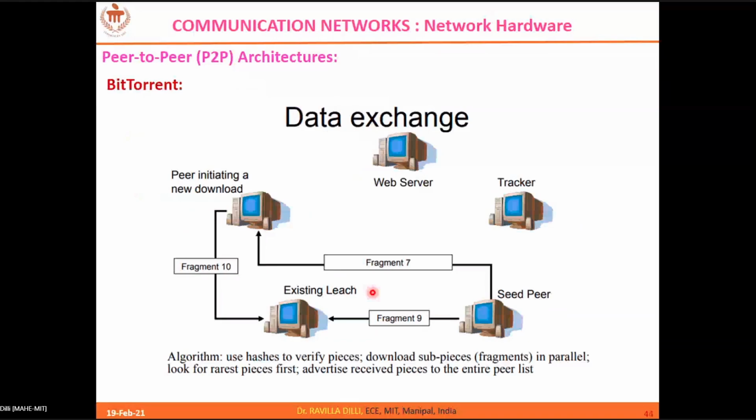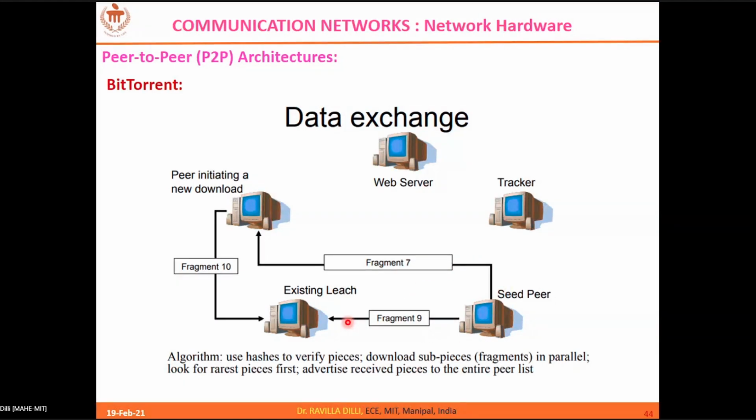So you can see here, I am the one who is trying to download a movie, for example, using BitTorrent. The movie is divided into pieces, and the fragments are available with different systems.